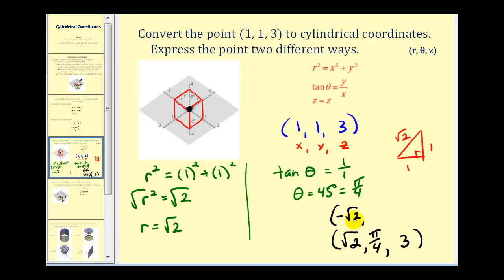Remember, when r is negative, you plot the point in the opposite direction. So here we could use 5 pi over 4 radians instead of pi over 4 radians. And then of course z would be the same value. So there's two ways to express the point (1, 1, 3) using cylindrical coordinates.